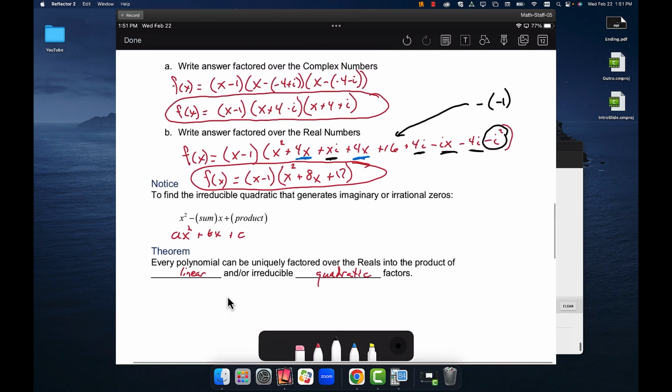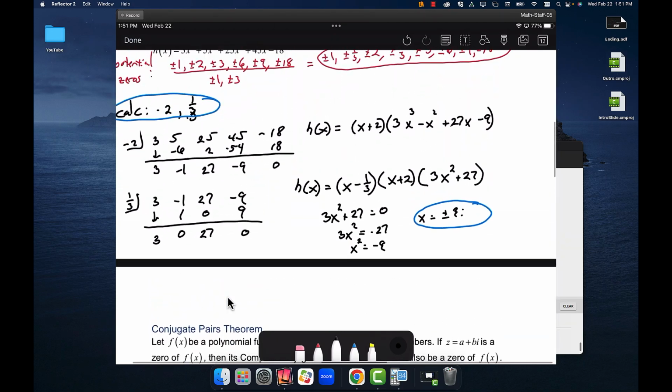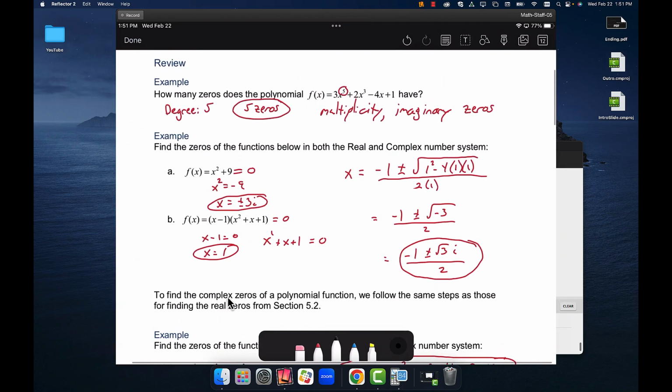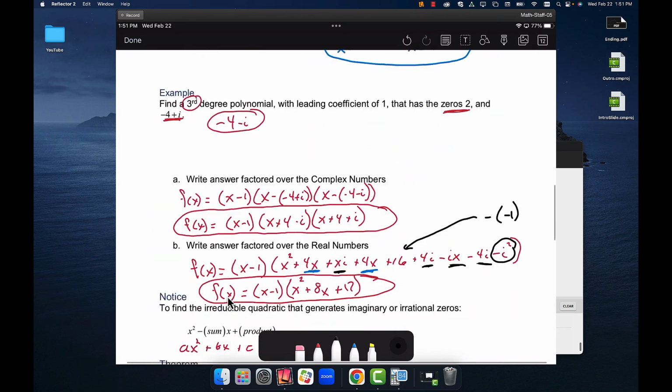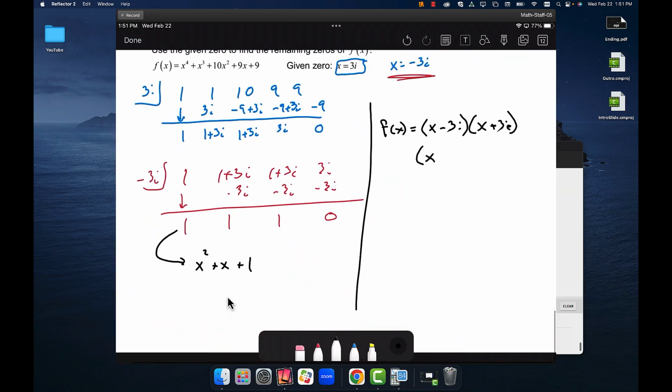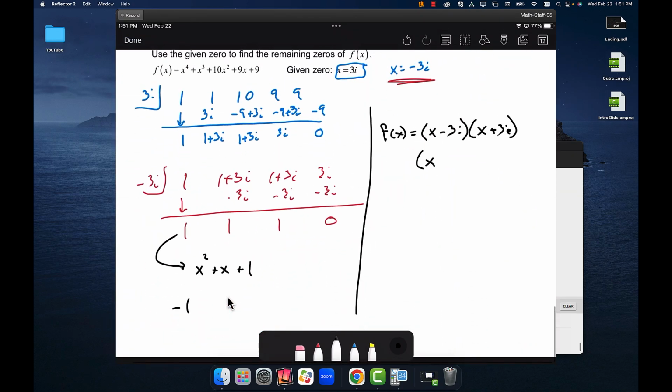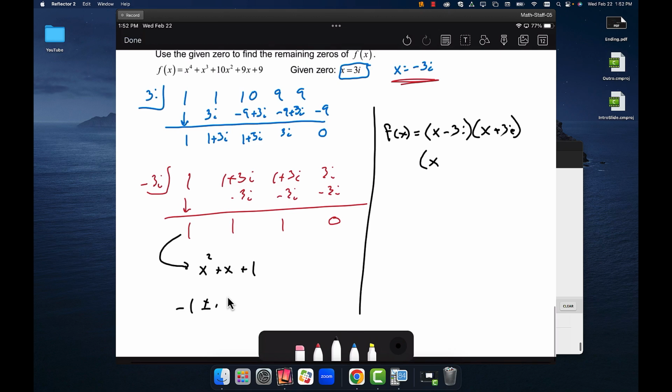So I'm going to come back up to the beginning and use that same info. Here are our zeros from x squared plus x plus 1. So let's bring those down. Negative 1 plus or minus the square root of 3i over 2.